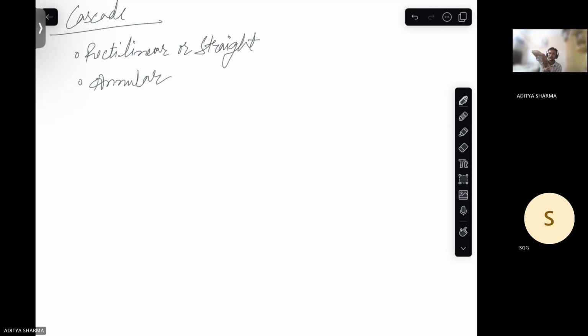You have one blade here, one blade here, one blade here, one blade here, one blade here. So this is basically your rectilinear cascade. And what is annular cascade? Annular cascade basically is where you have blades on the hub. So this basically is this. Yes, if there is some doubt. Okay.